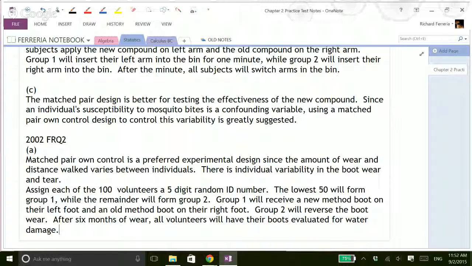Yeah, it would minimize it, but usually if you can minimize using a matched pair design, that would be more preferable. You're already admitting there's an individual source of variability, and there's a way to use a matched pair design. So it would be preferable to use the own control method rather than the similarly grouped method.